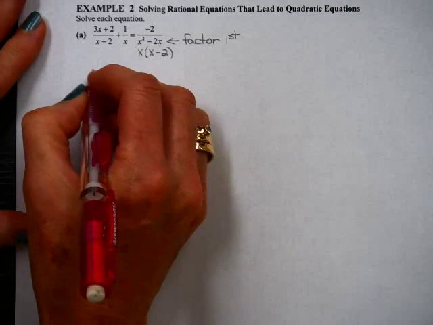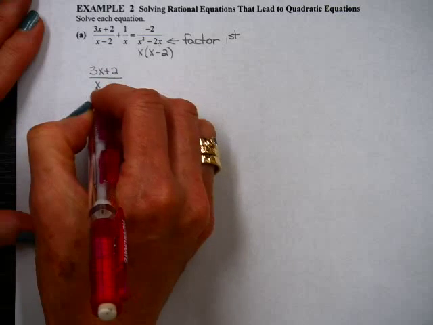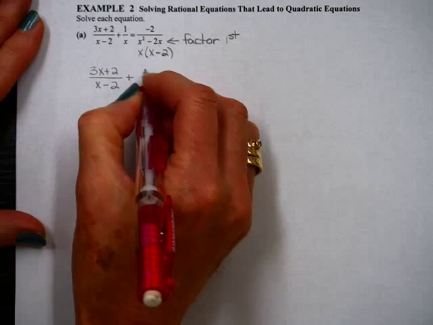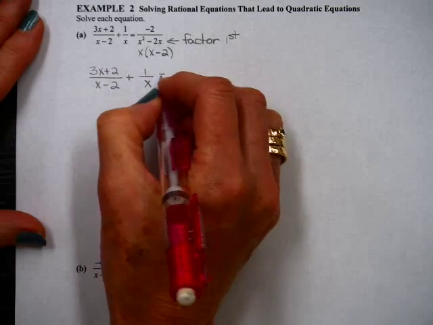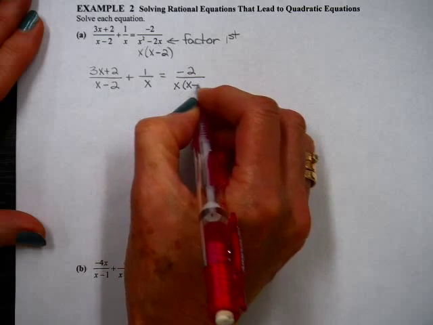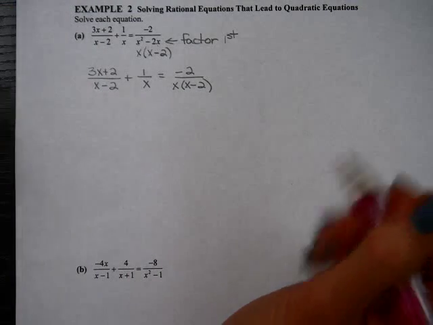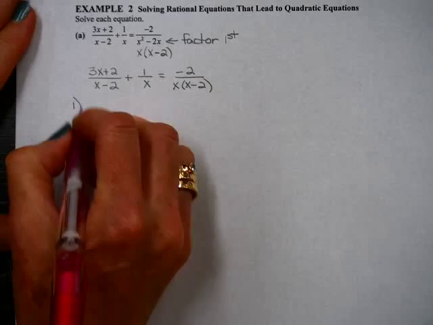So the equation that I have to solve is 3x plus 2 over x minus 2 plus 1 over x is negative 2 over x times x minus 2. Now, what are your restrictions?